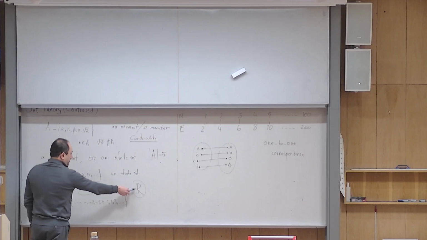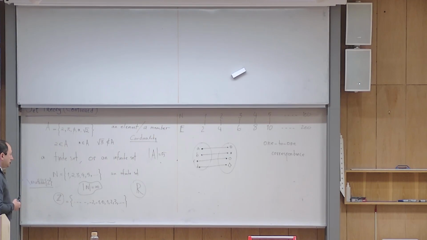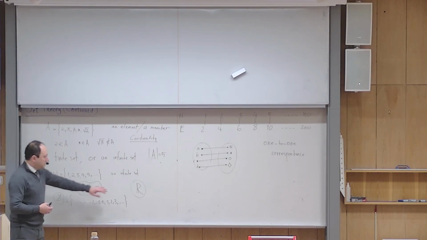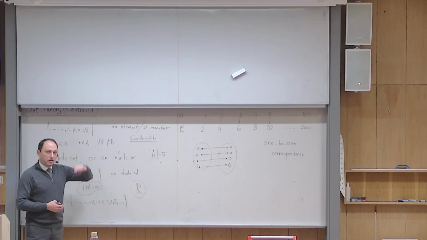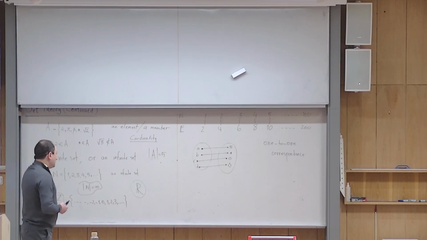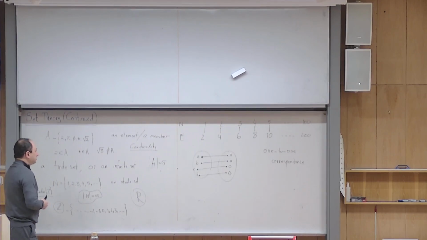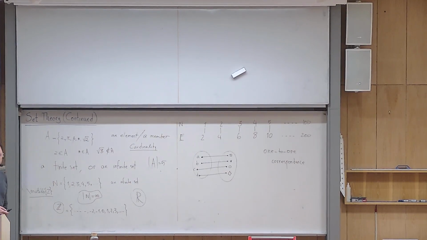But the number of elements there is actually much larger than the number of elements of each one of these two sets. So this infinity is of a higher order than these two infinities. Okay, that is something good to know about infinite sets. Any questions here?